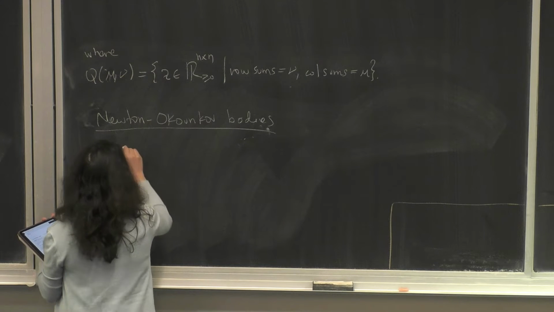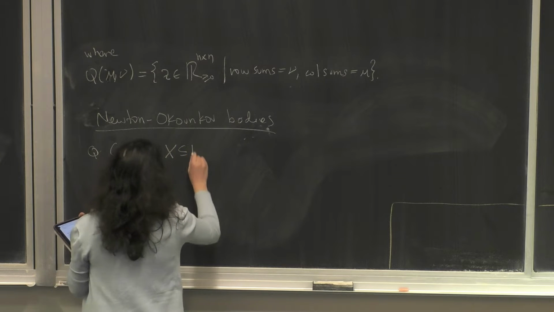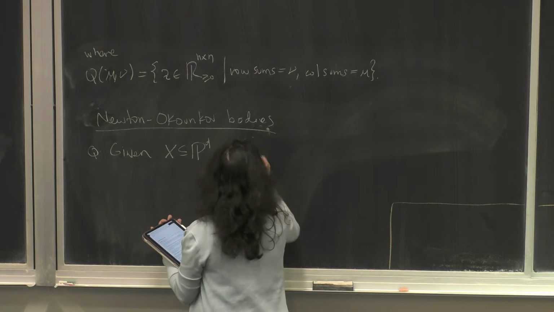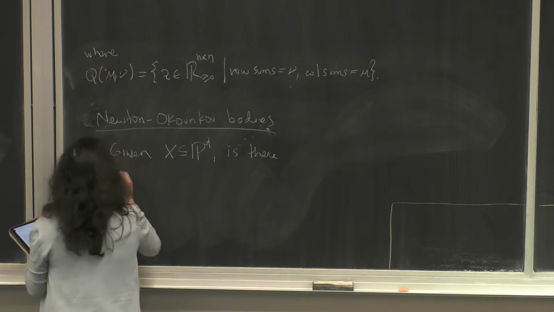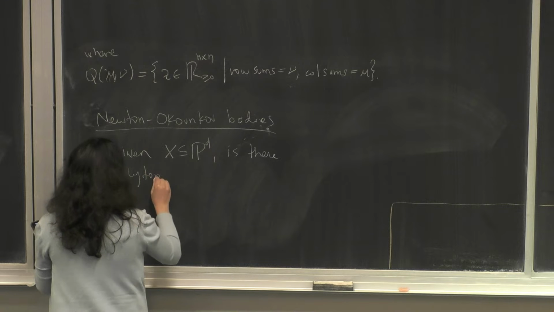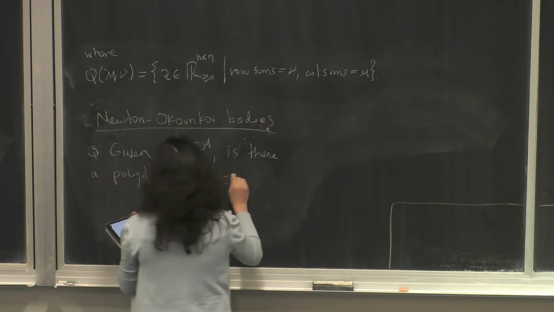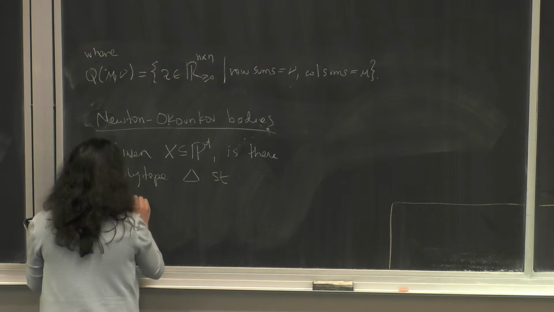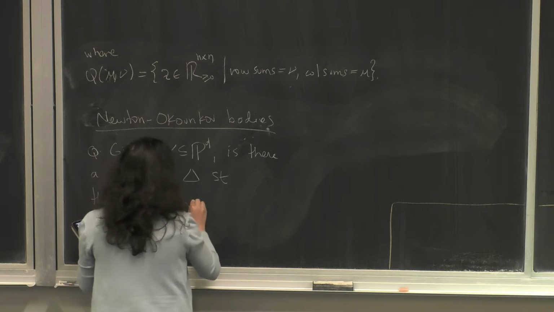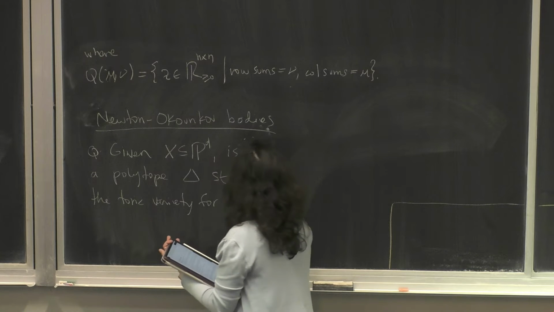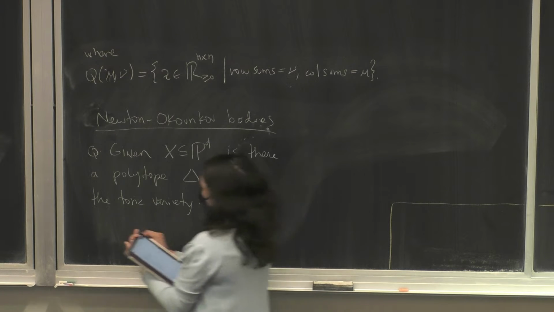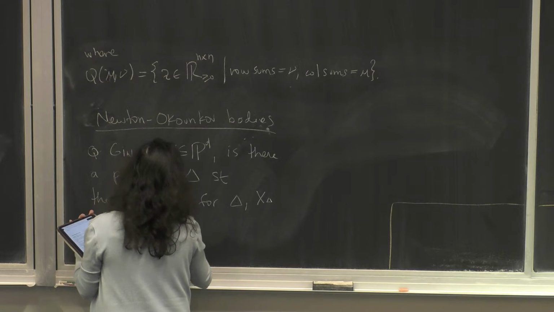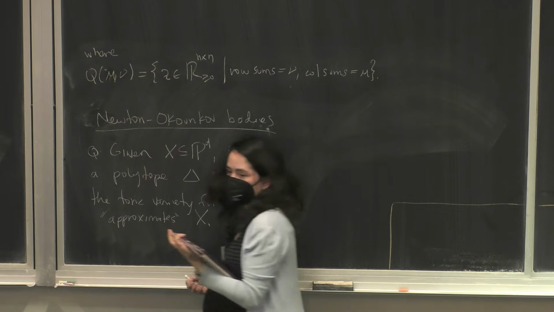Given a projective variety, is there a polytope such that the toric variety for delta, that I'll denote by X sub delta, approximates, so I won't be precise here, approximates your original variety, right?